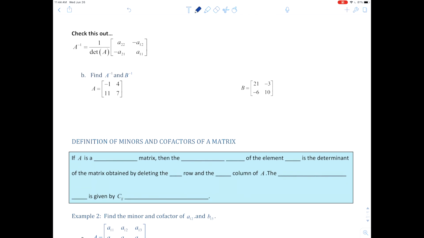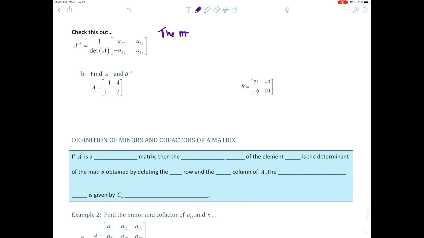Okay, here's something that's a cool factoid. It turns out that A inverse is equal to 1 divided by the determinant of A, if it's non-zero, times [a22, -a12; -a21, a11]. So what happened here?